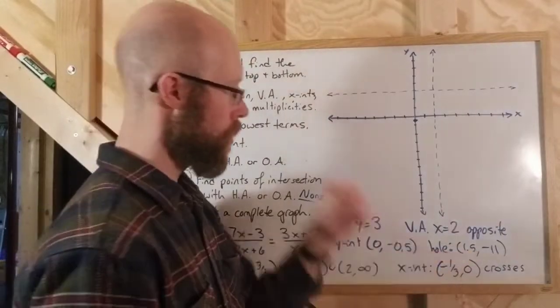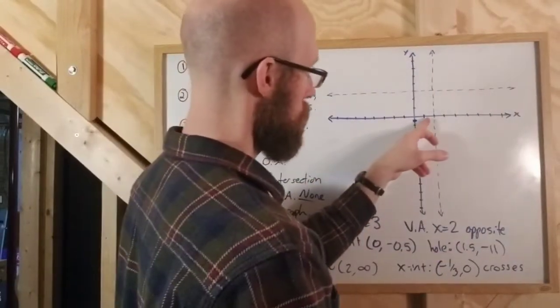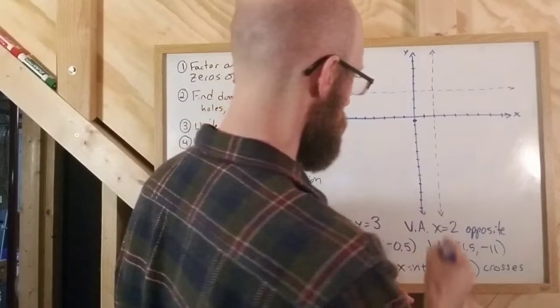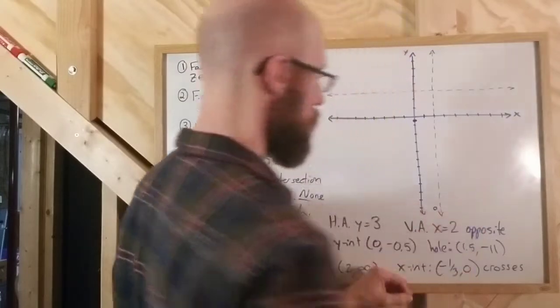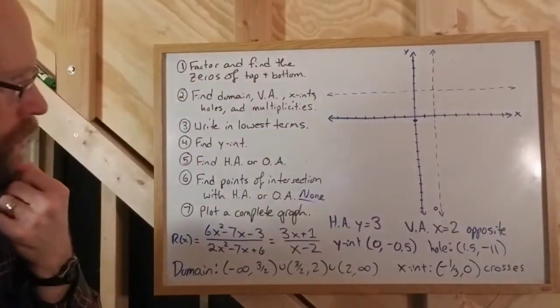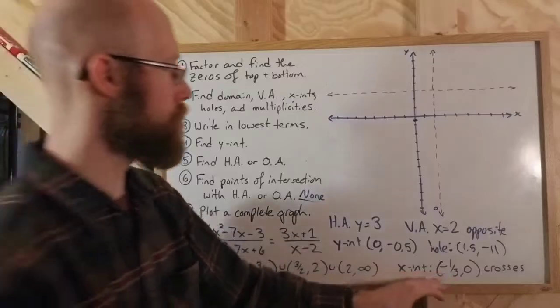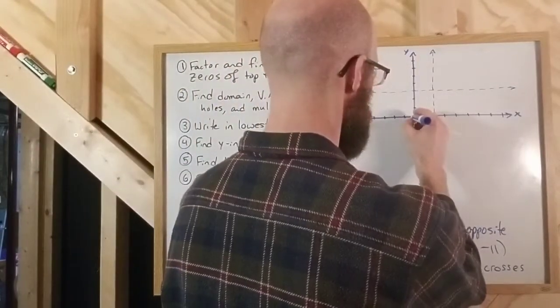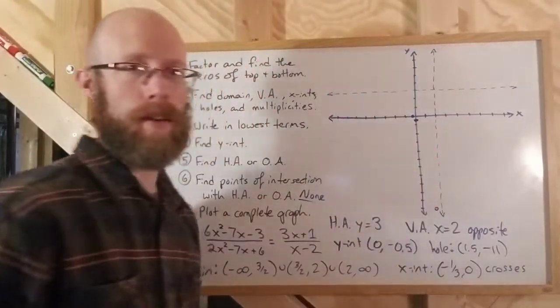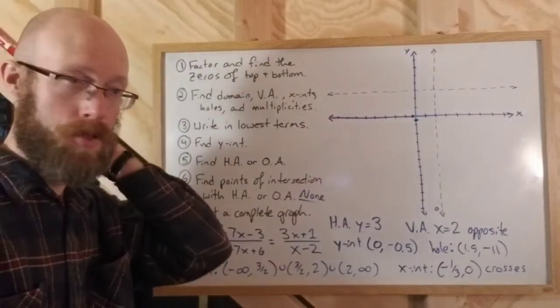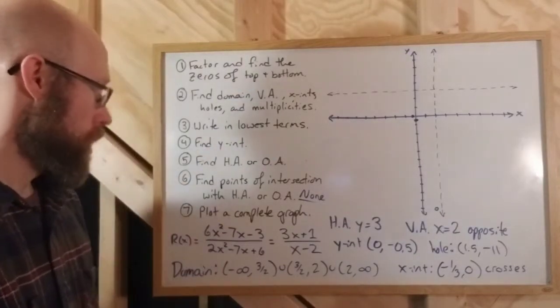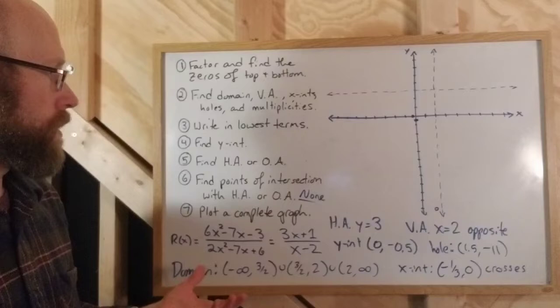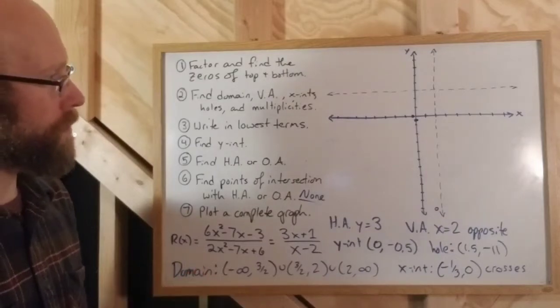I've got this hole at 1.5 comma negative 11, so there's a hole right there. Okay, I've got an x-intercept at negative 1/3. Well, that's really tight in there, right? The x and y-intercepts are very close to each other. That pretty much is everything, okay?